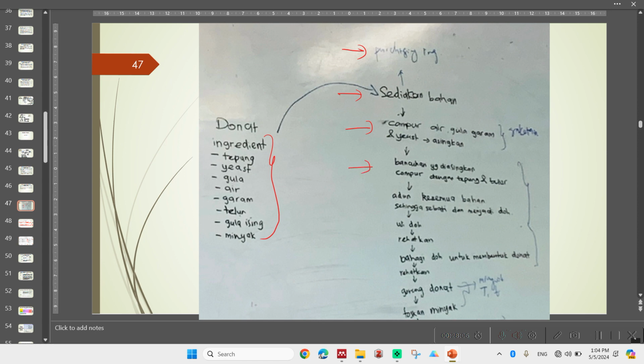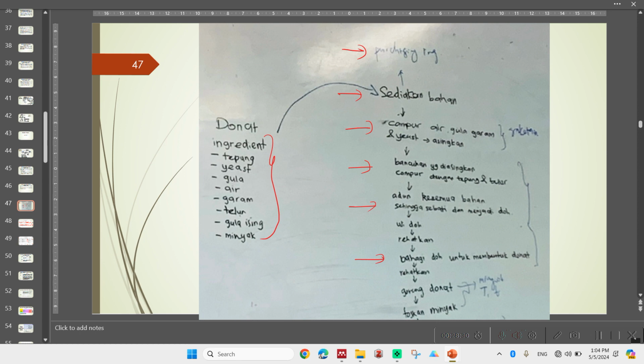they combine the flour and also the egg, and then they mix all of them into a dough. Then they make it into a donut form first, and then they cook, and then they toast in the oil, for example. So these are the flow diagrams.